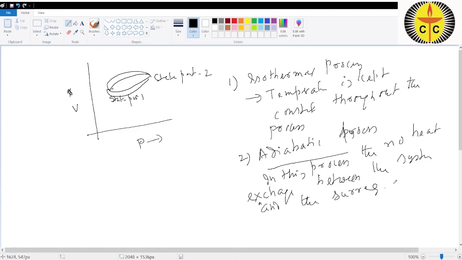Q is constant. You take small q, q is constant. Or you can write, there is no change in heat, so dq is equal to 0.